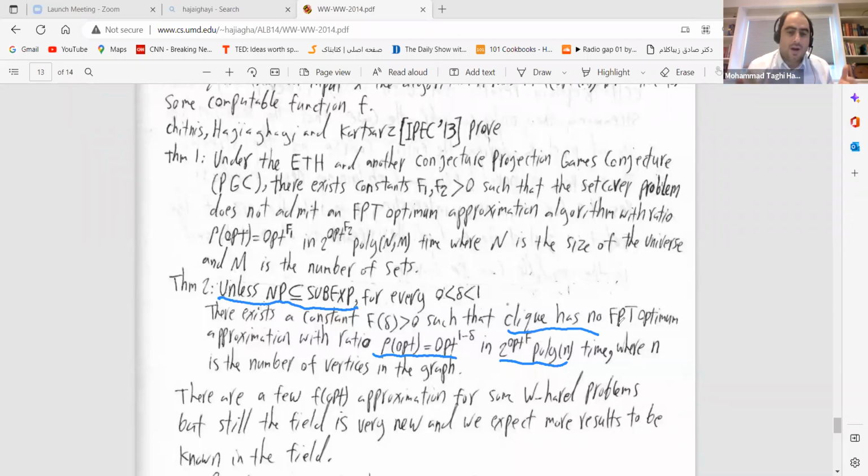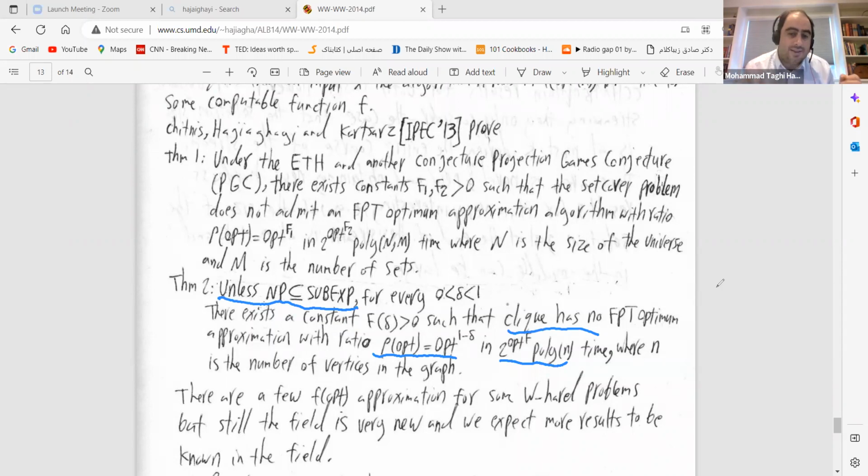It means that if you consider the K-clique problem, you want to find the K-clique, but maybe you want to get an approximation for it. If the K-clique has size k, maybe you want to find some clique which has a smaller size, but still some function of k.